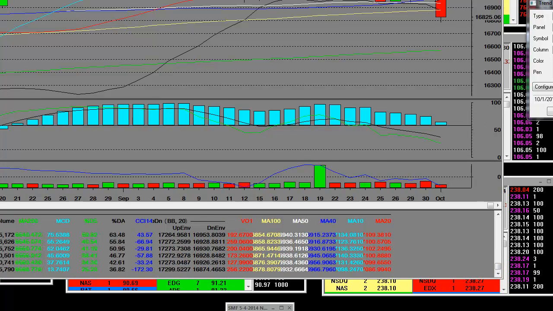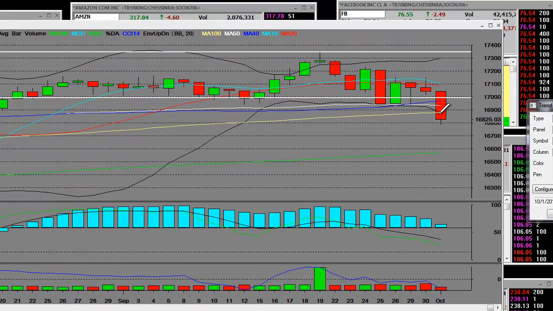This here is the 50-day. That line right here, that color right here, that's what we call a 100-day. You got the 40, but you got the 10 and the 20. This is a big continuation breakdown that high frequency algorithms had run all of these things forever to the highs.